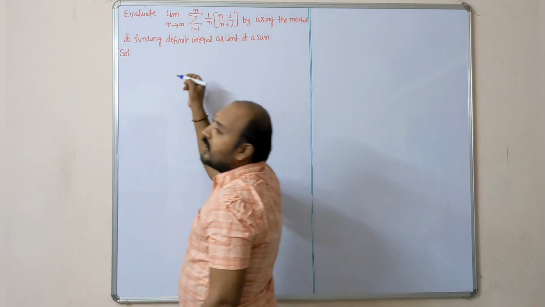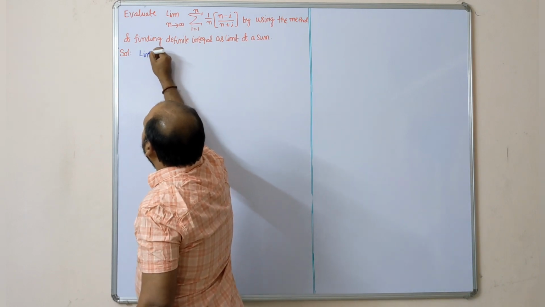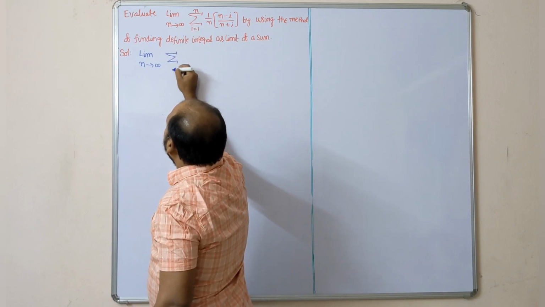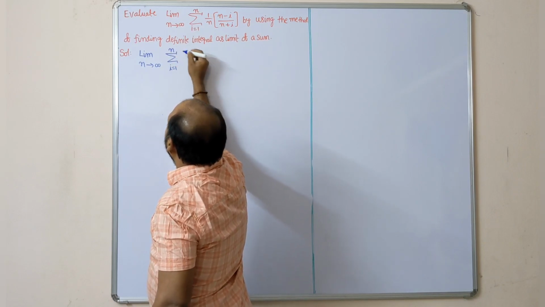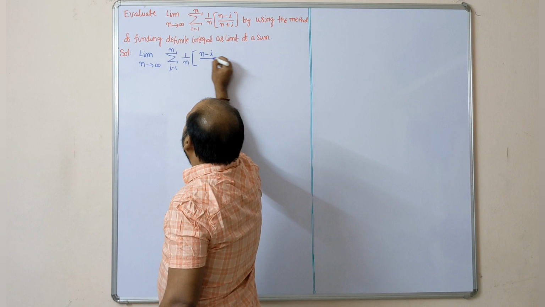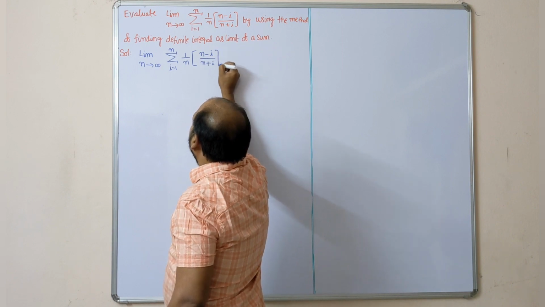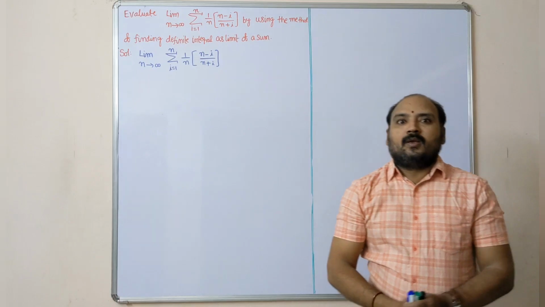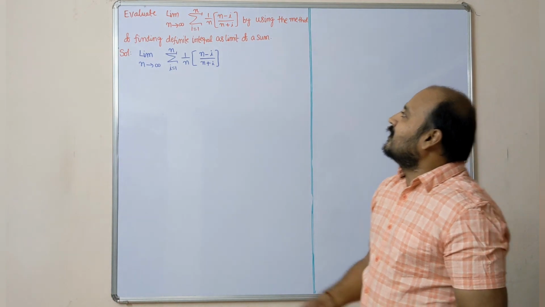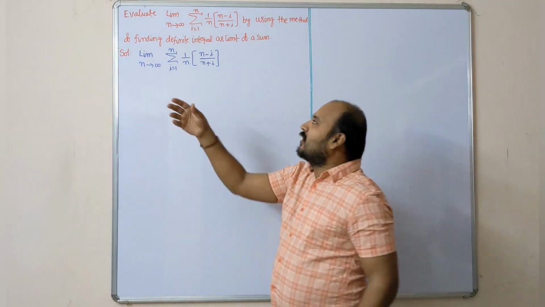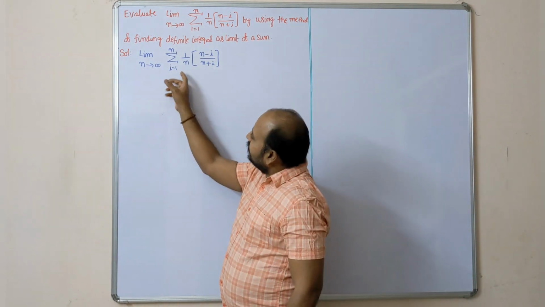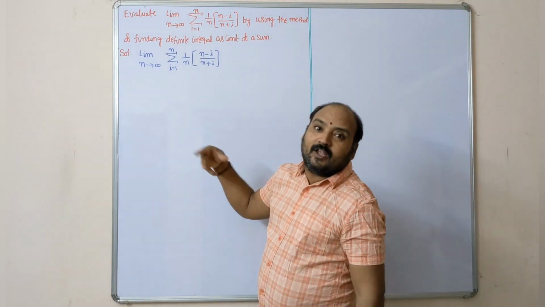So first we have to write the given limit. Limit n tends to infinity, sigma i is equal to 1 to n, 1 by n into n minus i divided by n plus i. Here the i by n term is not there. Sigma is already there. In the previous question we got sigma by expanding the terms. Here sigma is provided. We need to get i by n terms.